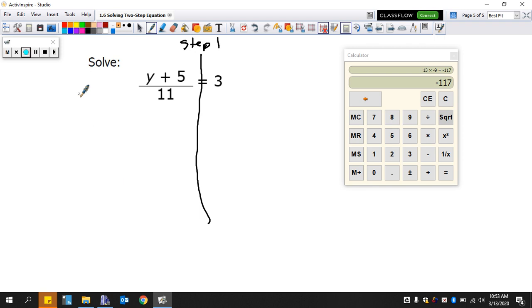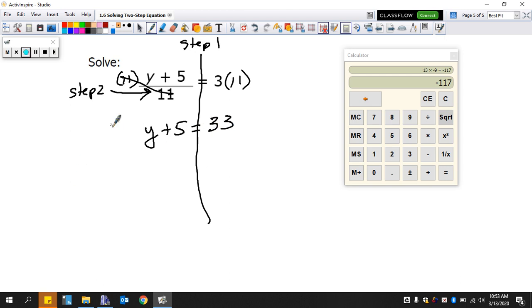So our step 2 is actually going to be to cancel out the 11. We're going to do that because we're dividing. The inverse of division is multiplication, so we're going to multiply by 11. So that cancels out, and we have y plus 5 is equal to 33.